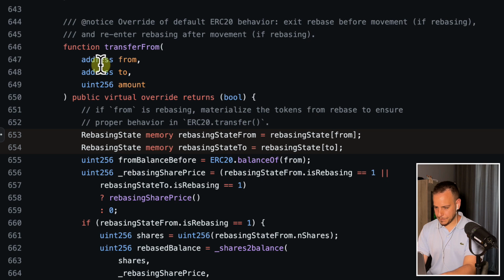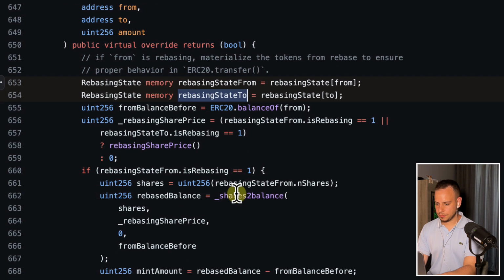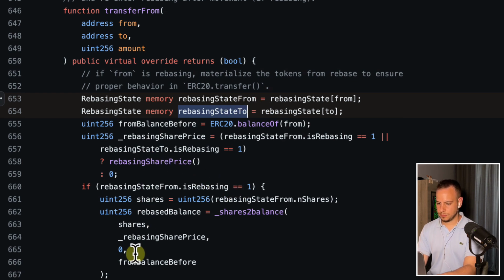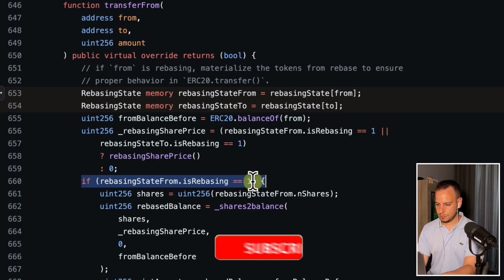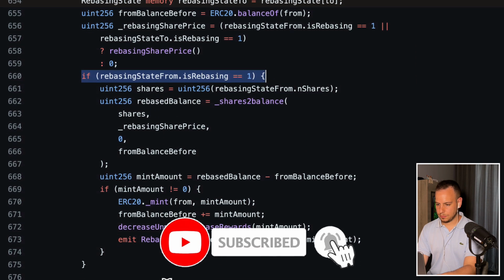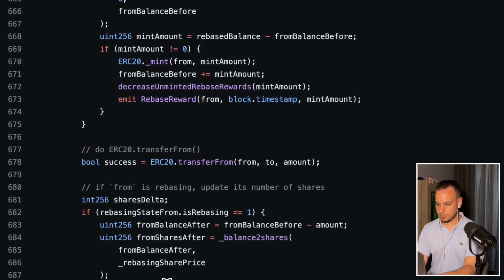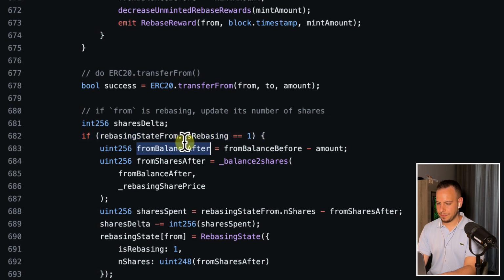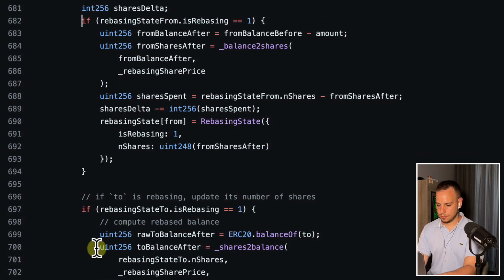So yeah, transfer and transferFrom both have the same problem. You can imagine that if from is equal to to, if they're the same address, then it will copy the same things. And the first part, inside line 660, would update the shares correctly. Now if you scroll down a little bit more, to 697.